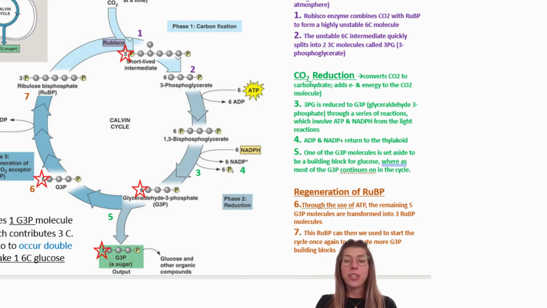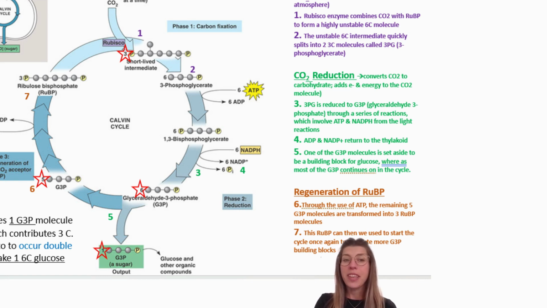So 1, you can see that the Rubisco enzyme combines CO2 that's coming in at the very top there with a molecule called RuBP. And this forms a highly unstable 6-carbon molecule, so unstable that it barely retains itself before it splits.